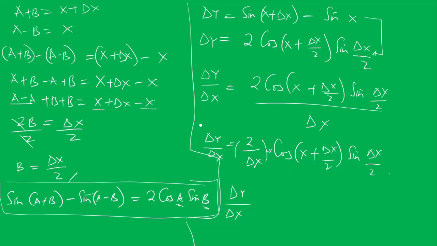Now, this whole thing is the same thing as saying 1 all over dx all over 2 times cos x plus delta x all over 2 sine delta x all over 2 all divided by 1, is the same thing.